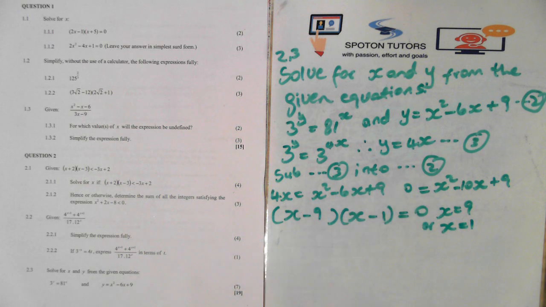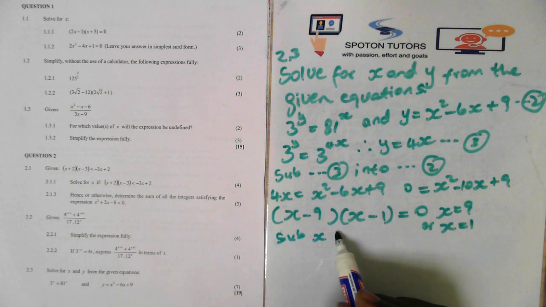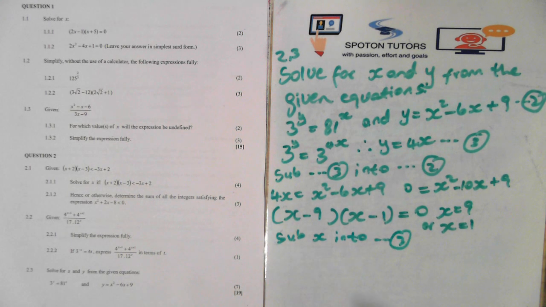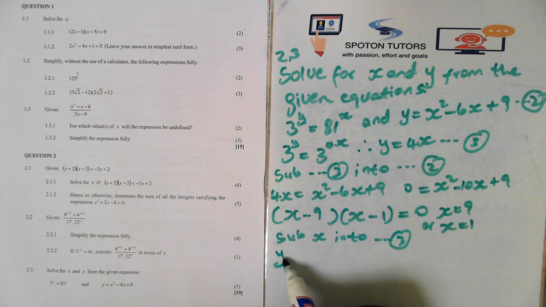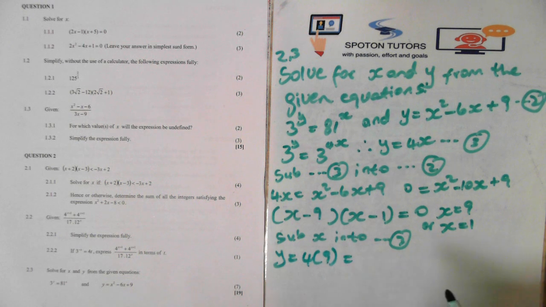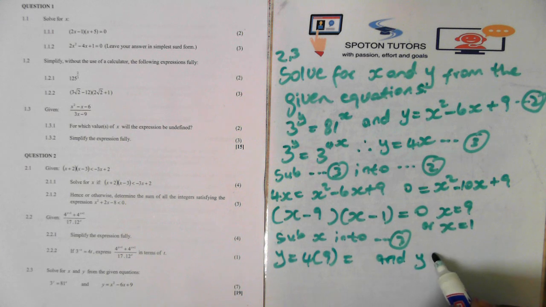You can substitute in any of those equations to find that value. So you can go back to equation number 3. So substitute x into equation 3. What does that mean? It means that you go back to equation 3, y equals, substitute for the first x value, 4 times 9, and, don't say or, you can say and, y equals 4 times 1.